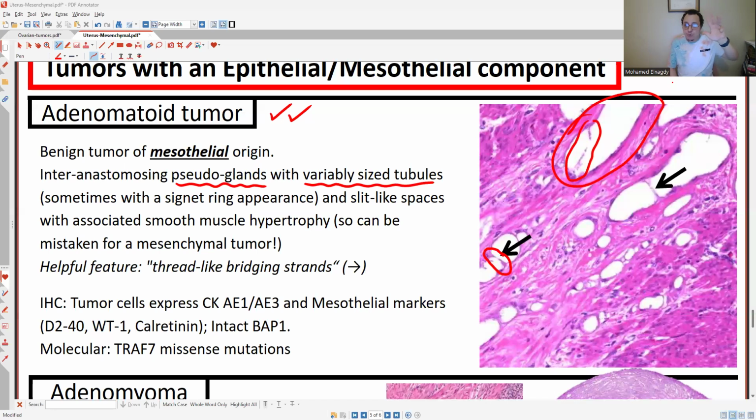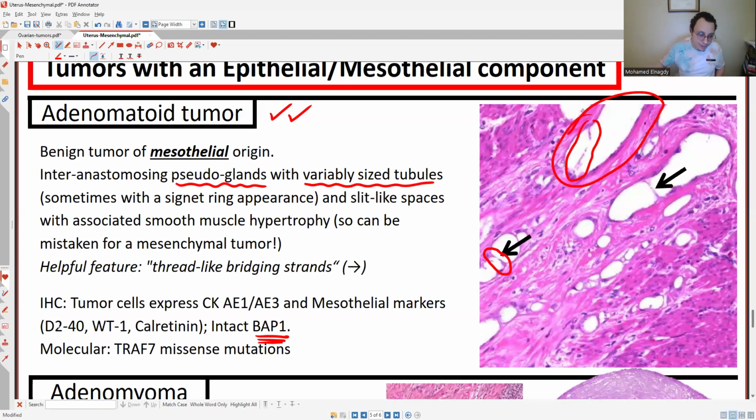And there is another important marker for mesothelioma, which came in the last RISE. Yes? BAP1. It's BAP1. It came in the last RISE exam. I don't know if you remember, but it came as a question in the last RISE. This one shows intact BAP1, and that's what differentiates it from mesothelioma.